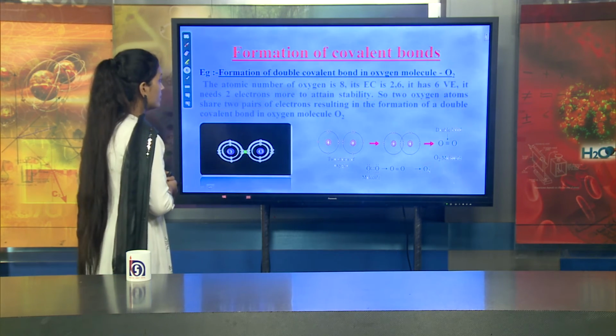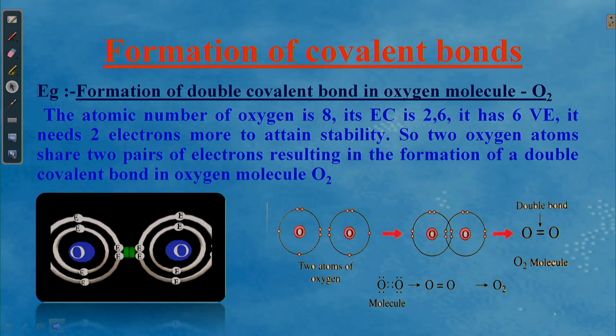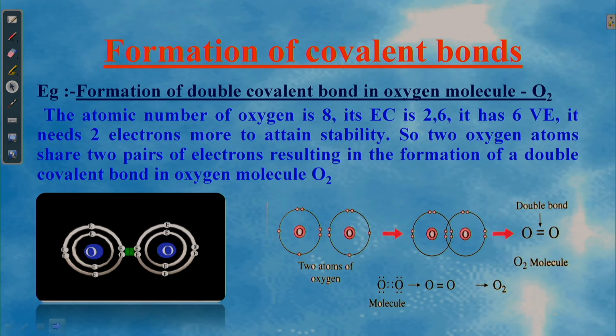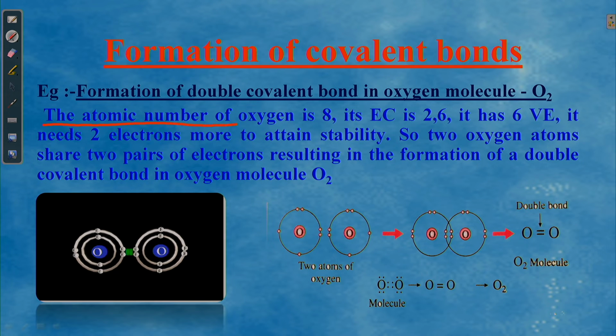Our next example is formation of a covalent bond in the case of oxygen. The atomic number of oxygen is 8. Its electronic configuration is 2, 6. It has 6 valence electrons. It needs 2 electrons more to attain stability.